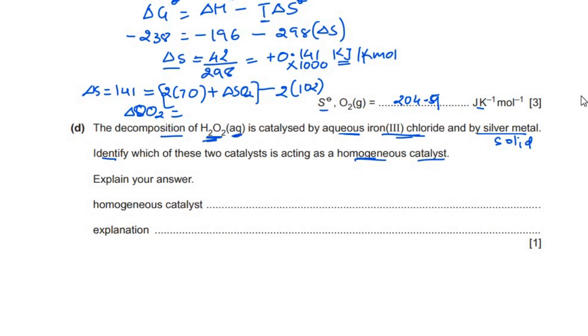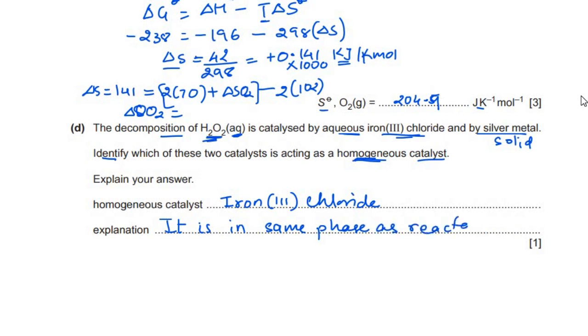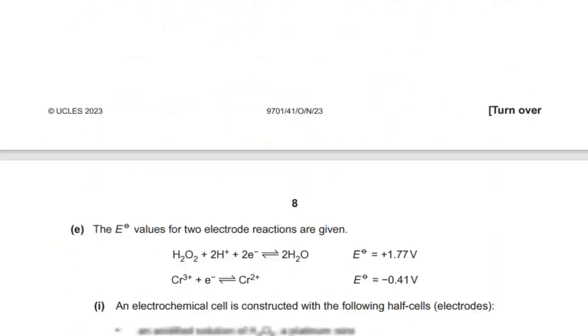So obviously iron 3 chloride is in the same, homogeneous state as the reactant. So the homogeneous catalyst is iron 3 chloride, and the explanation we write is simple, that it is in the same phase as the reactant. That's how we write it, and it's simple because it's just 1 mark.